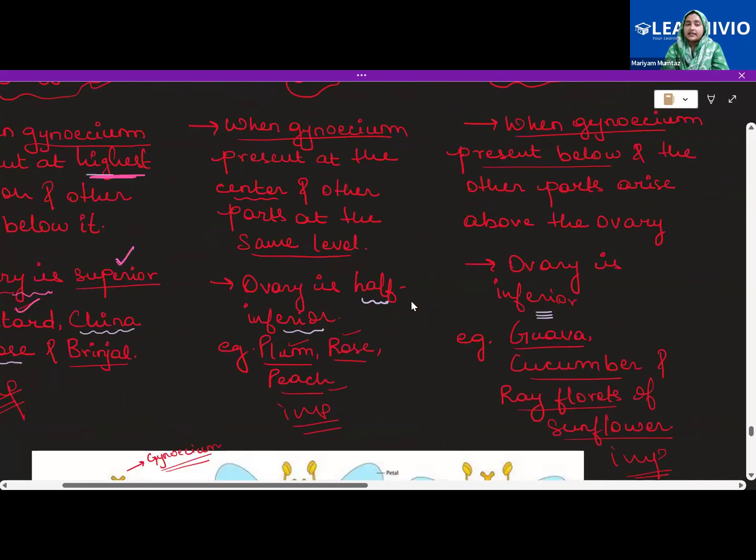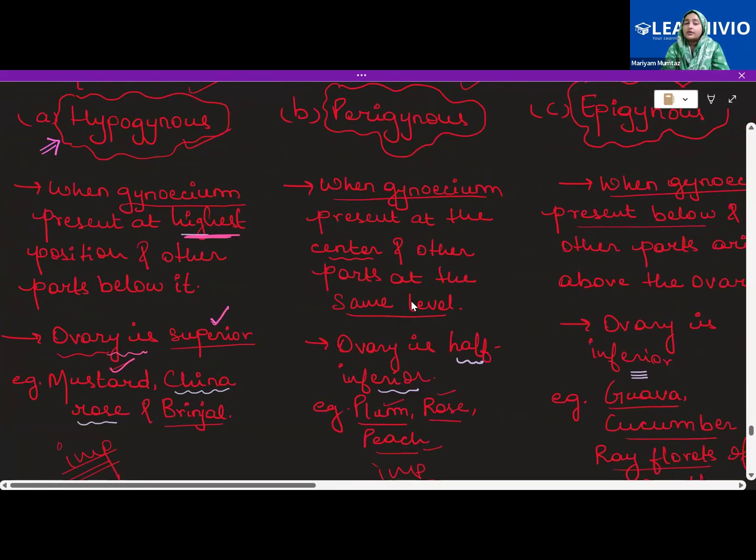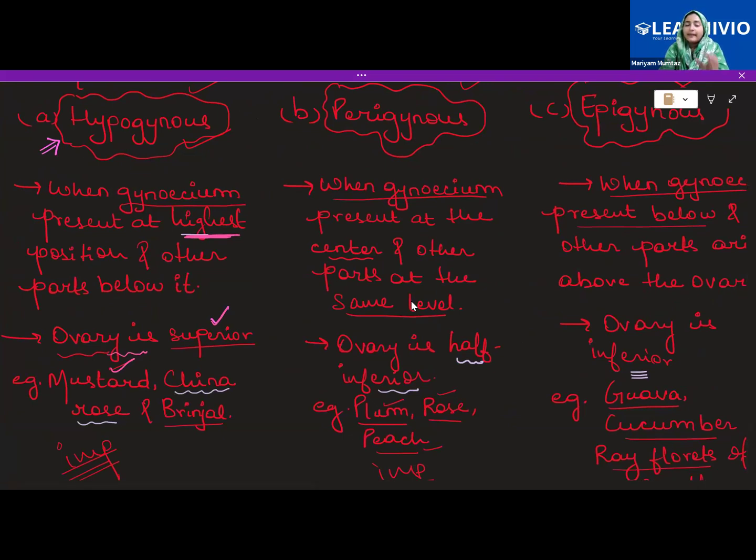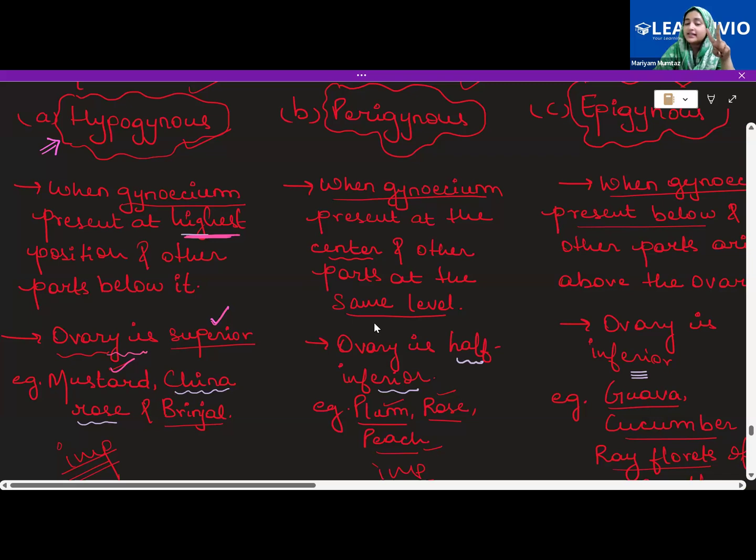Now in the first case, wherein the ovary was higher in position and the other parts were below it, the ovary is said to be superior. The second case, the ovary is said to be half inferior, meaning this is the level of the ovary and from here the different floral appendages are present.